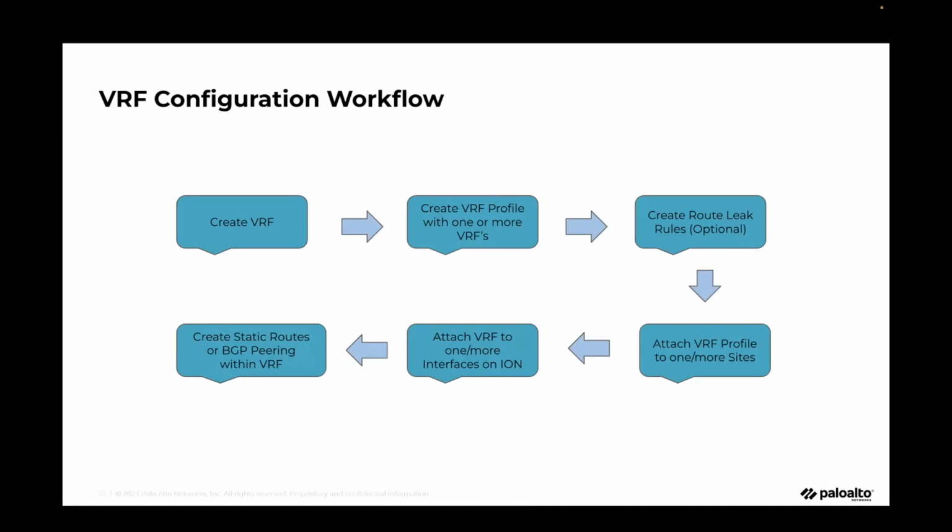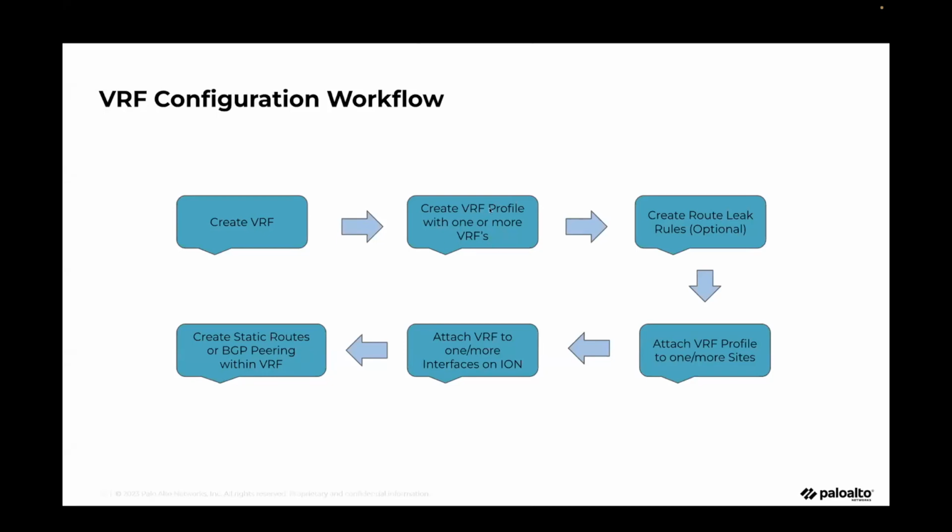The reason for this is, for example, you can have a VRF profile where you define 3 VRFs, let's say red, green, and blue, and you might apply that to 10 of your branch sites. So those 10 branch sites may require those 3 VRFs. Now you can define a second VRF profile, which may have 2 other VRFs, and maybe you might want to assign that to 5 other branch locations, which need to use those VRFs. So this is how you would abstract the VRF application towards your sites.